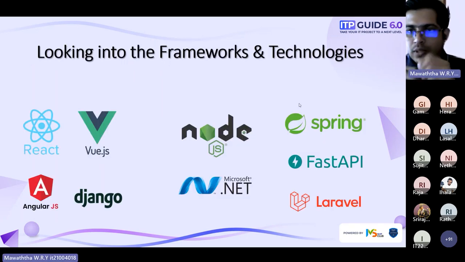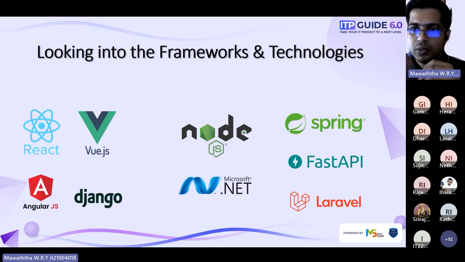So talking about some popular frameworks and technologies, as Lasalaya mentioned earlier, there are several popular JavaScript frameworks for front-end development, like React.js, AngularJS, and Vue.js. And there's also a popular Python framework, Django. For back-end development, you can use a JavaScript framework like Node.js, or a C# framework like Microsoft .NET.